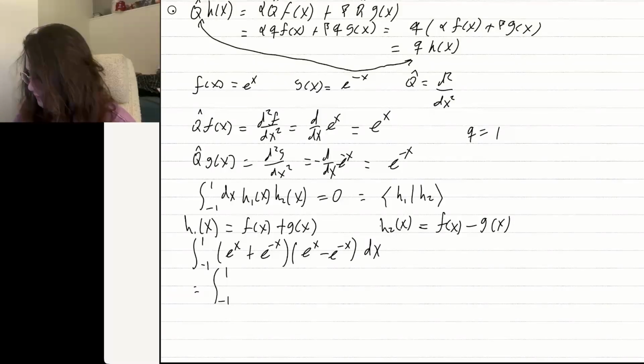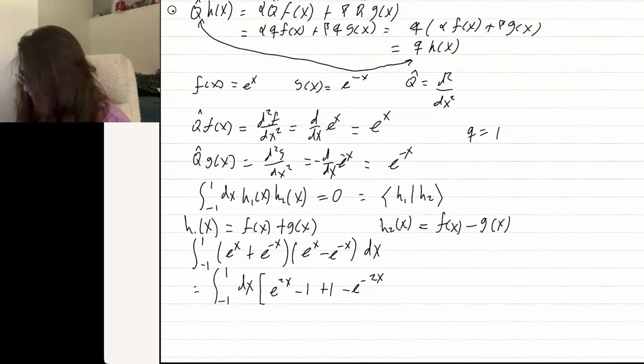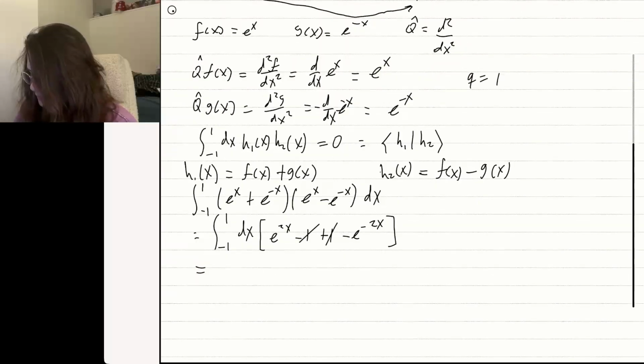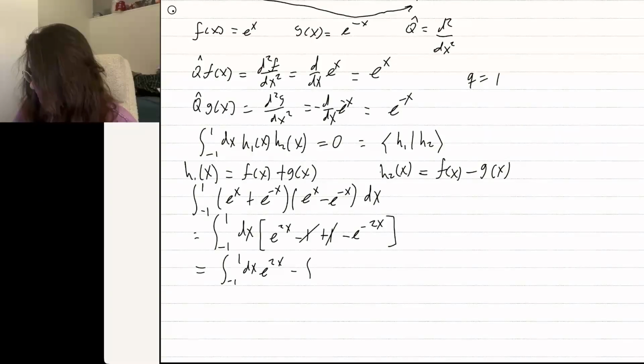So we can distribute what's in the parentheses. We'll get e to the 2x minus 1 plus 1, and then minus e to the minus 2x, I think. Yeah. So the 1's will cancel out, but we do have to do the integrals that are left over, which is the integral from minus 1 to 1 dx e to the 2x minus the integral from minus 1 to 1 dx e to the minus 2x.